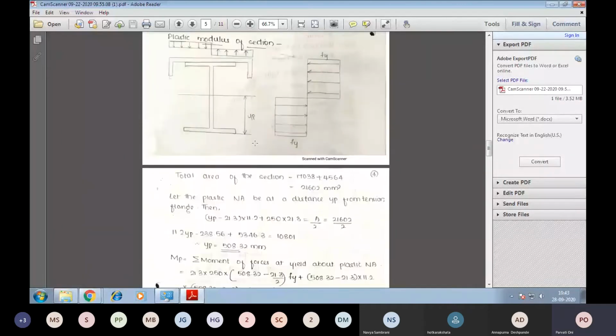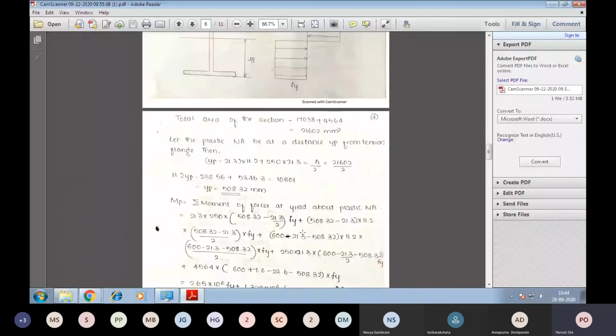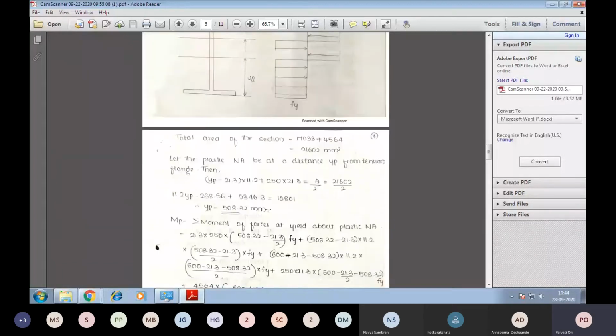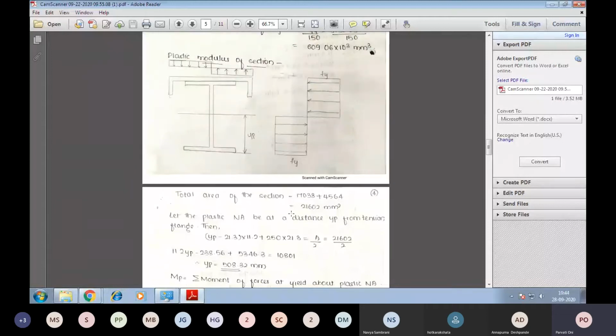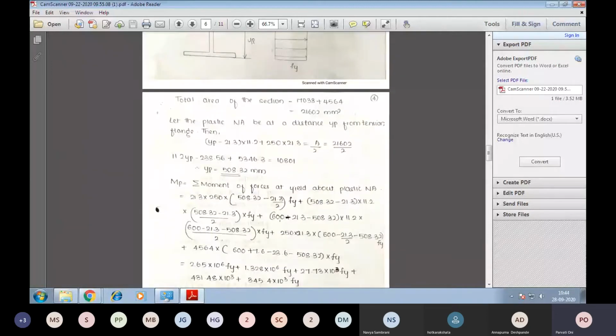Similarly, we have to calculate the plastic moment of the remaining upper section. It is the total moment of forces, so you have to calculate the moment of all these sections with respect to NA. Plus now calculate this web section: 600 minus 21.3 minus 508.32.